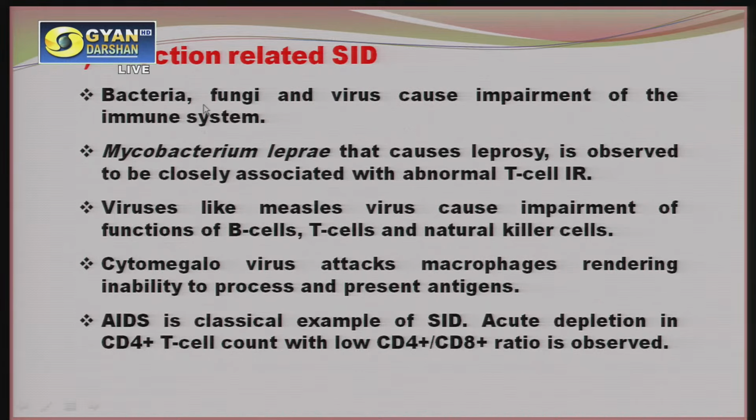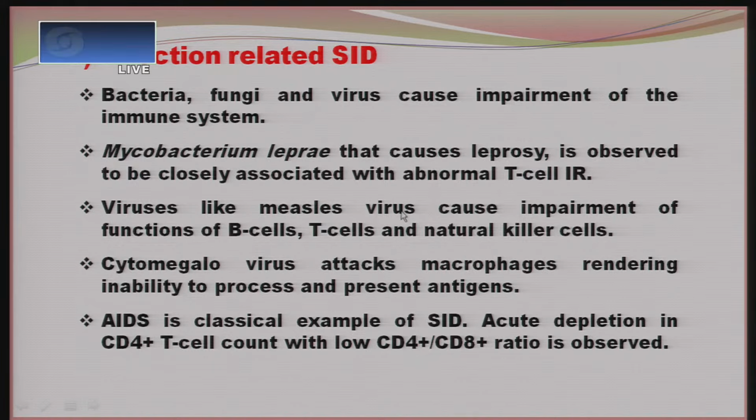And second is the infection related secondary immunodeficiency. Bacteria, fungi and viruses cause impairment of the immune system. They can reduce the immunity inside the body. Mycobacterium leprae, which causes leprosy, is observed to be closely associated with abnormal T cell immune response.